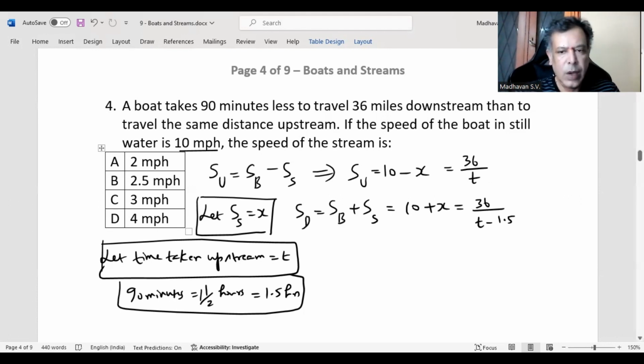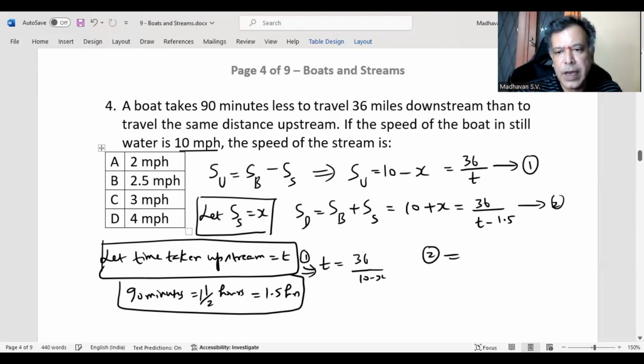Okay, so we have now time. This is the first equation, this is the second equation. From first, we are arriving at t equal to 36 by 10 minus x.